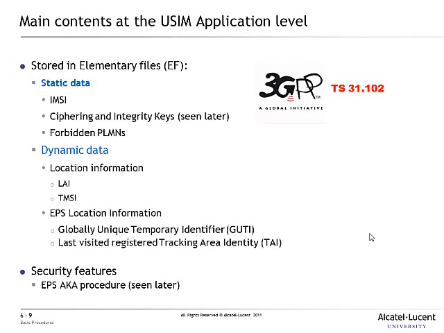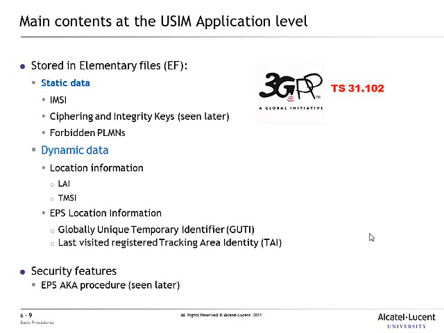You may also have forbidden PLMNs. Okay, so there are some operators that might not want their UE to roam on certain PLMNs. So they might set them as forbidden PLMNs. That means you're never allowed to roam on that particular network. For example, in Australia, Optus might have an arrangement with Singtel in Singapore.